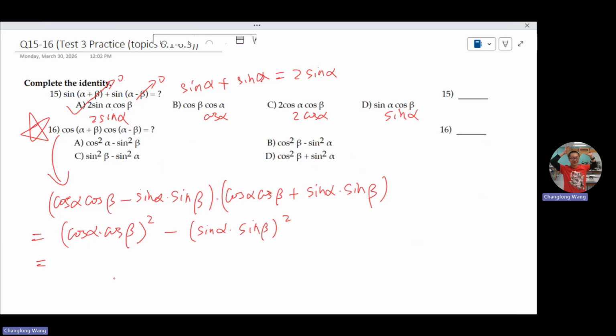You know that you can distribute the power over the product. So cosine squared alpha times cosine squared beta, minus this guy, the same thing, sine squared alpha times sine squared beta, right?